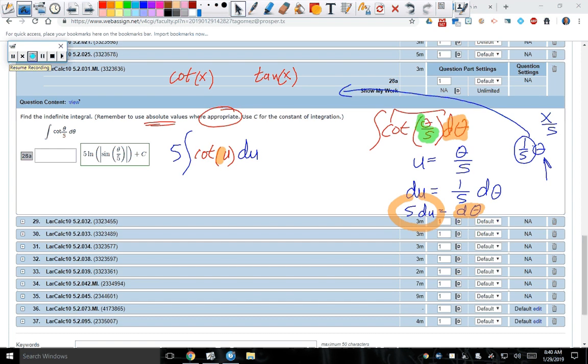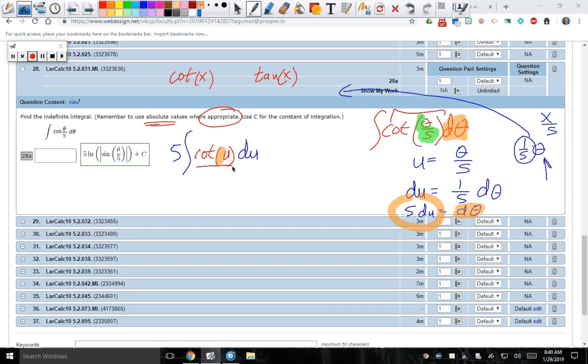Okay, so what we're learning in this unit is more manipulation of my integrand and using the techniques that we've learned. U-substitution, rewrite, different things like that. Can you tell me the integral of, right now, do you have memorized the integral of cotangent of x, or cotangent of a variable?